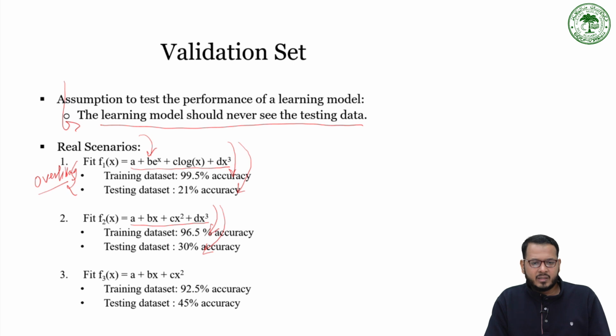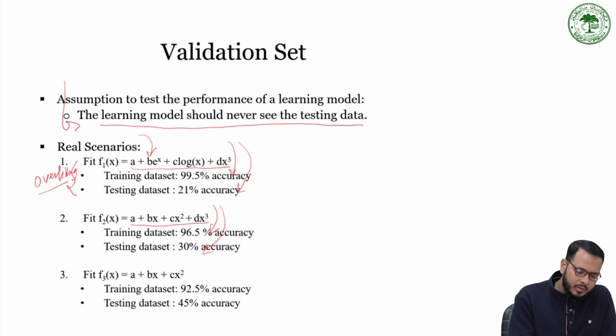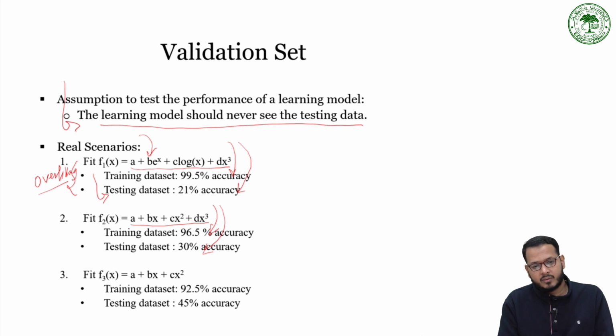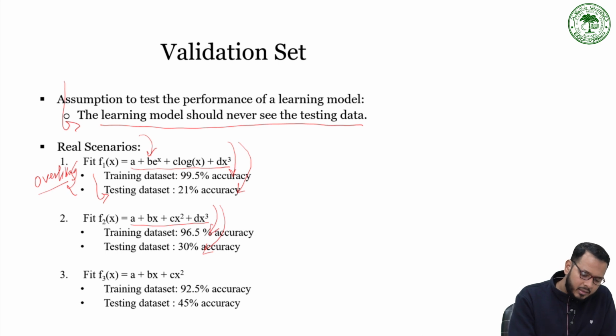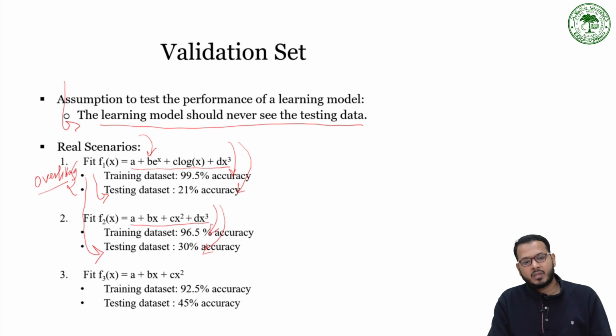Now, what is happening in the process is, by the way, a very real scenario. We often find ourselves in this situation where we need to supply the testing data set to the model. So this testing data set has been exposed to the model. Then once again, due to the bad performance on the testing data set, we further reduce the complexity.